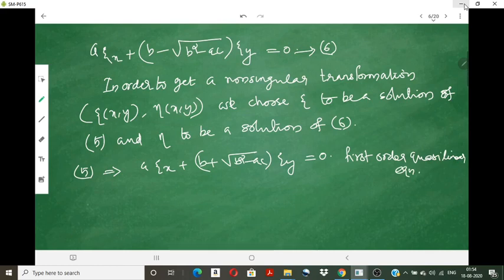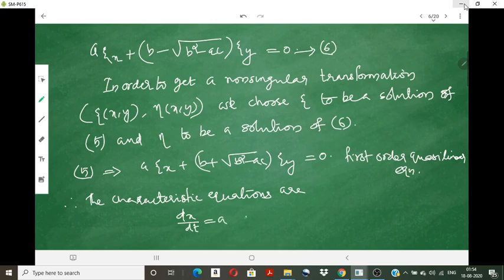Therefore, the characteristic equations are dx by dt is equal to a, dy by dt equal to b plus root of b square minus ac, and d theta by dt is equal to 0.